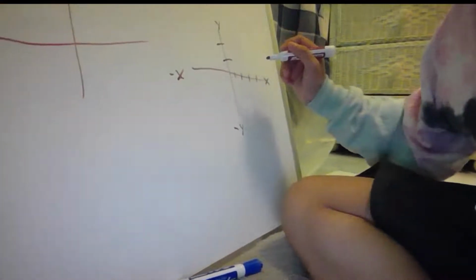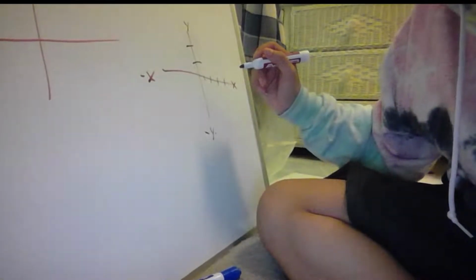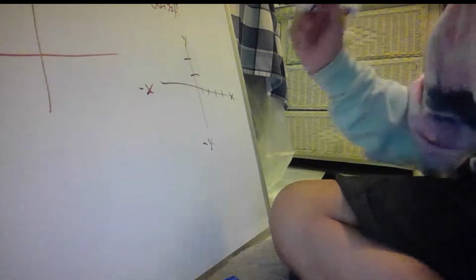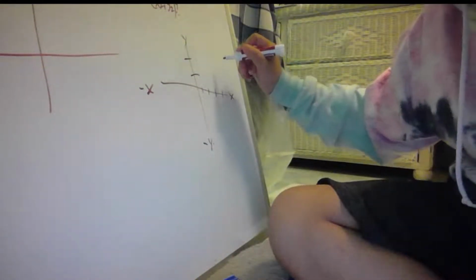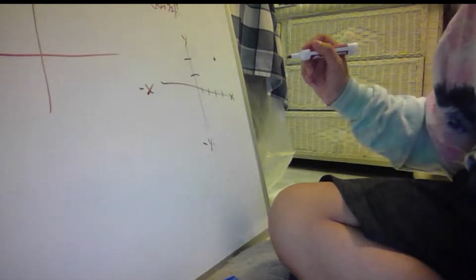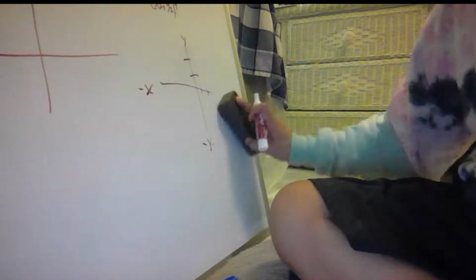And then we say, okay, that's 4, 2, right? Basically 4, 2 is right here. And actually, I did it a little bit weird. Hold on, guys. Let me just redraw it.